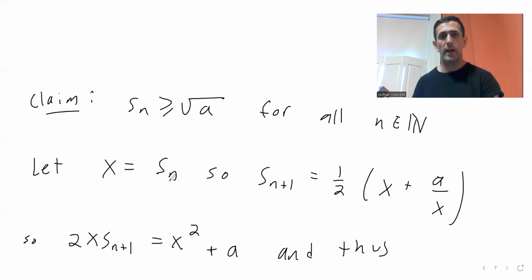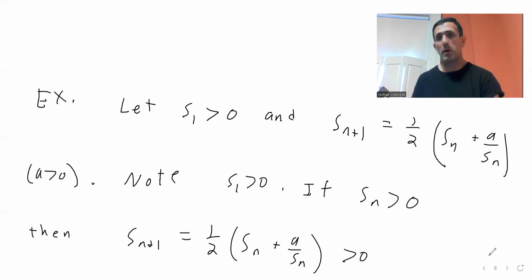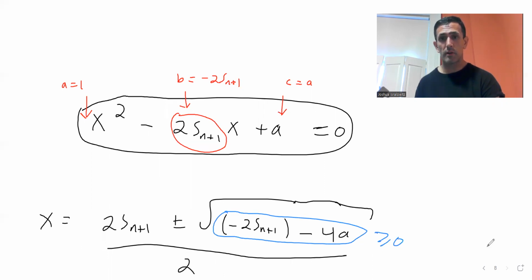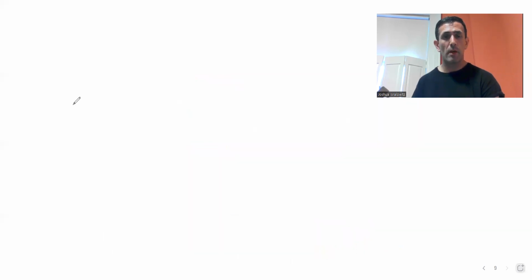Now I know Sn is positive. Sn is a real number. So the only way we get that this is a real number is if the thing inside the square root is bigger or equal to 0. If it is negative, we have complex solutions. So this has to be bigger or equal to 0. So what's b squared?